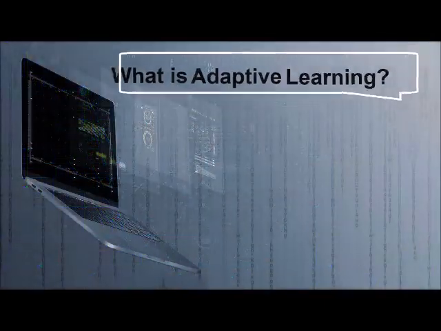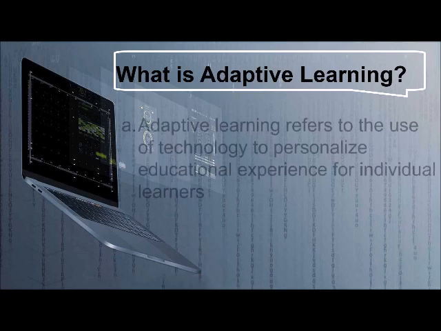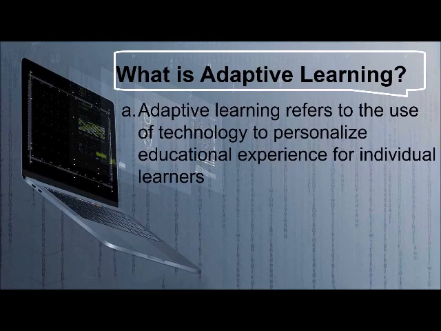So first, let us try to define what adaptive learning is. Adaptive learning refers to the use of technology to personalize educational experience for individual learners. In other words, these are educational tools and systems that utilize technology and data-driven algorithms to personalize and customize the learning experience for individual students.